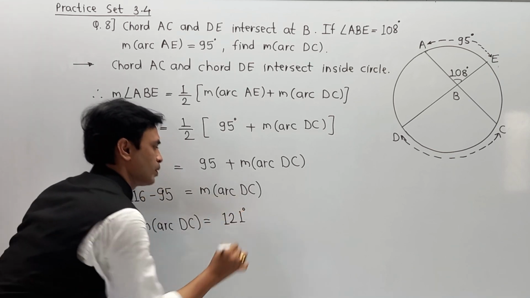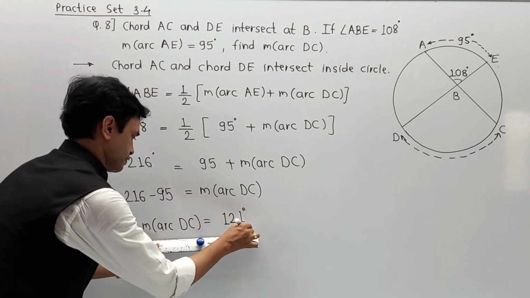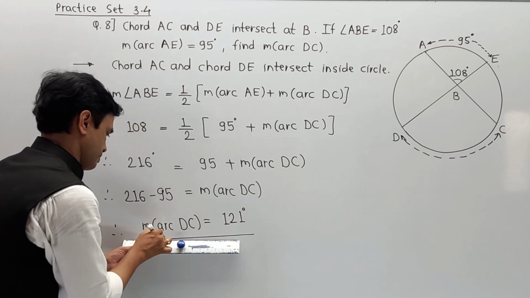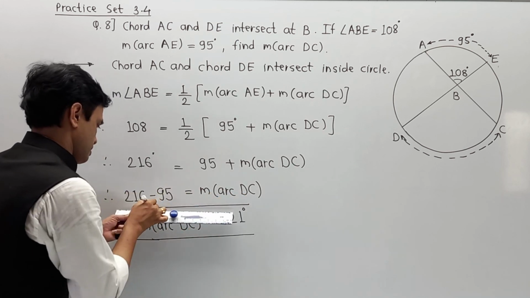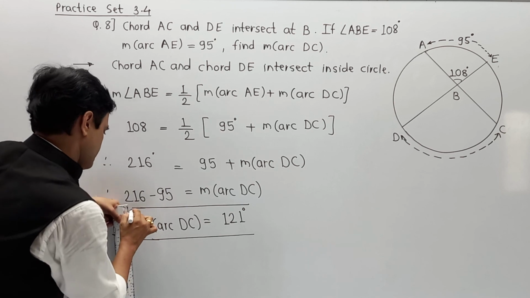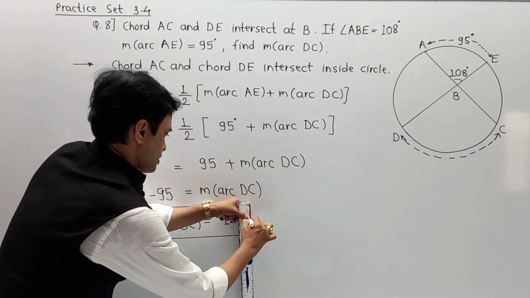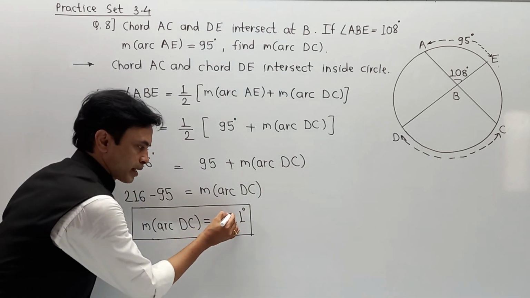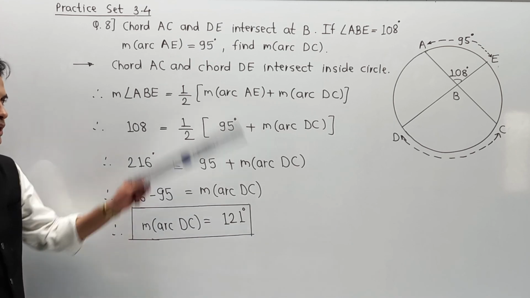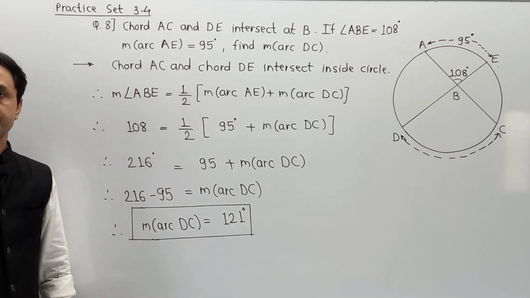So it becomes 121 degrees, and this is our main answer. And in this way, we can solve the entire part. Students, please be careful about this formula when we are going to use it.